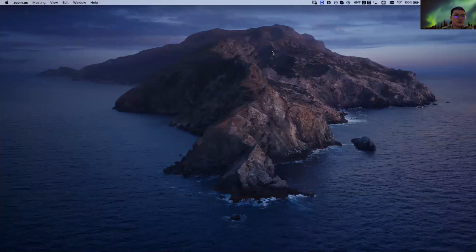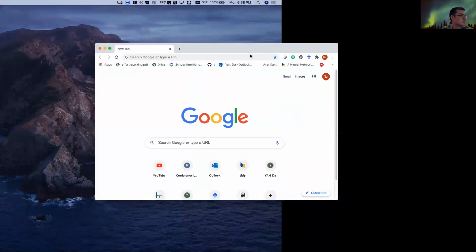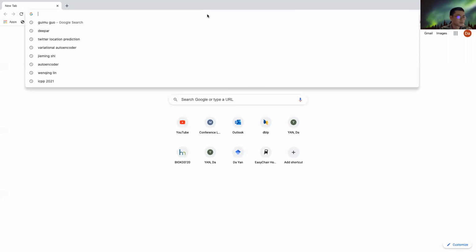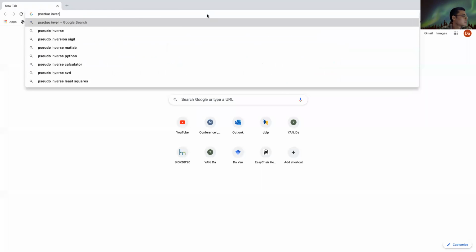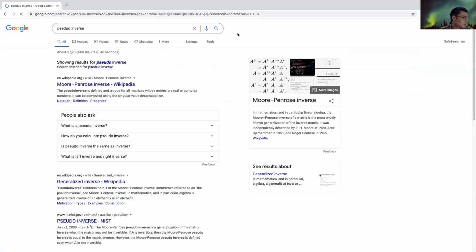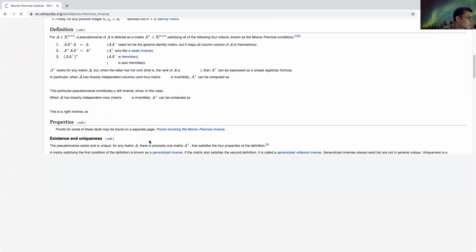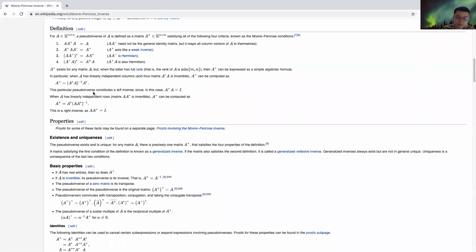So we can move this website here. Okay, so this is the pseudo inverse, which Wikipedia explains the form. It's basically this.